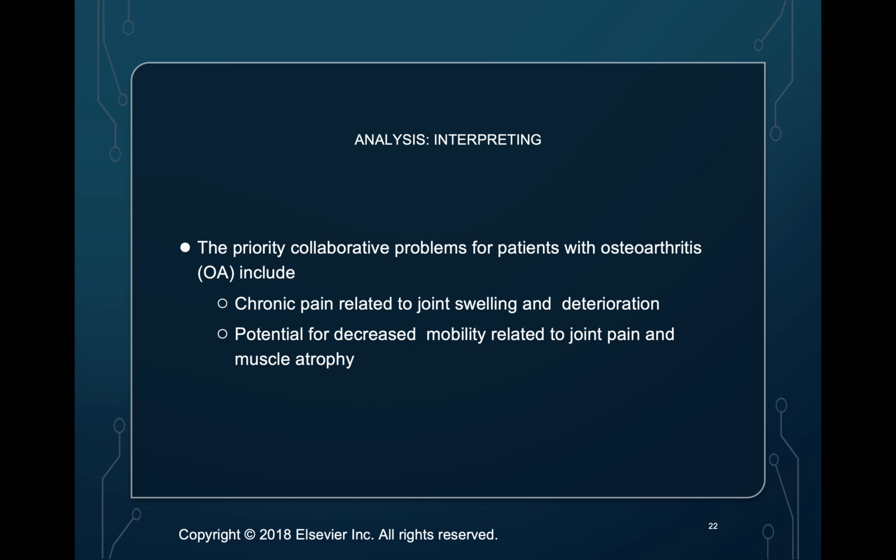If a patient has pain and stiffness and we want them to be active, then we might utilize heat to kind of loosen up that joint and make it more comfortable for them to participate in activity. After activity, they might experience some inflammation, so we might utilize ice for that.